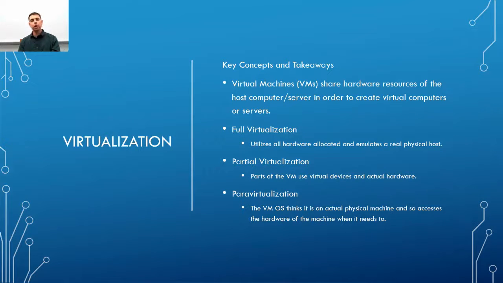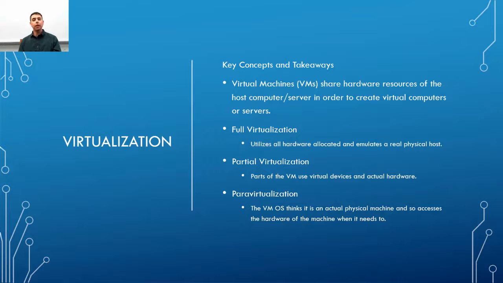So virtual machines share hardware resources with the host computer server in order to create a virtual computer or servers. So you've heard people mention ESX, which is a host system that basically takes a server.